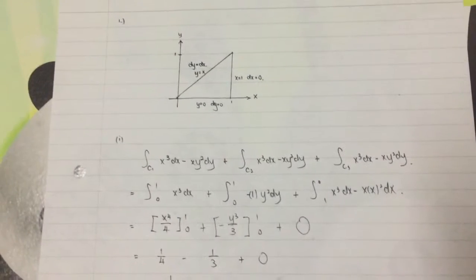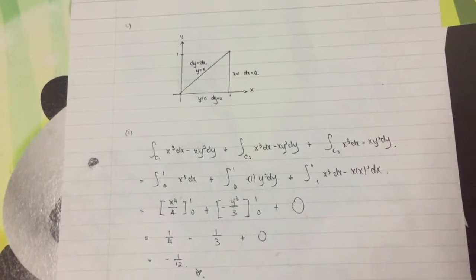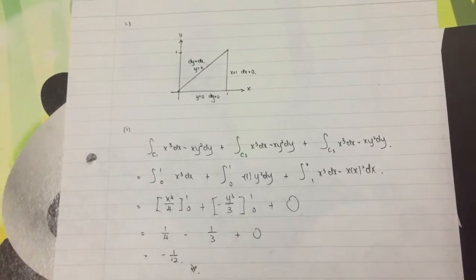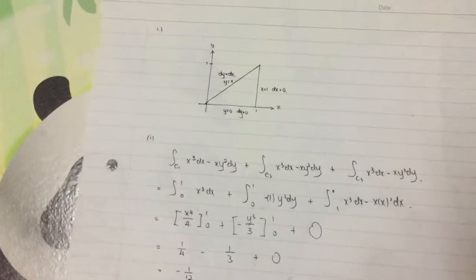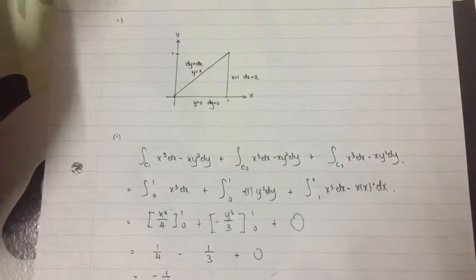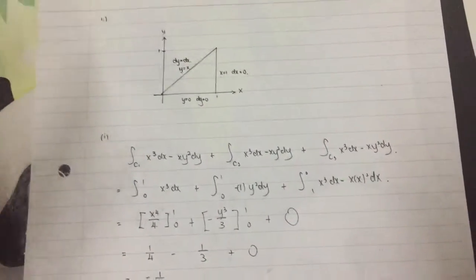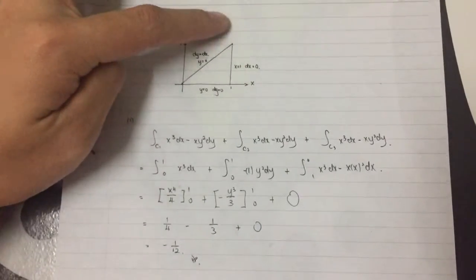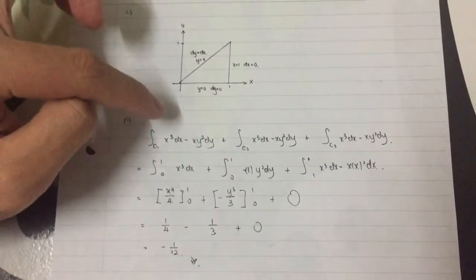Okay, now I'd like to explain using the first method, which is directly parameterizing the path C. So what I do is I break it into three paths, from here to here, and here to here, and here to here. You can look at this equation.